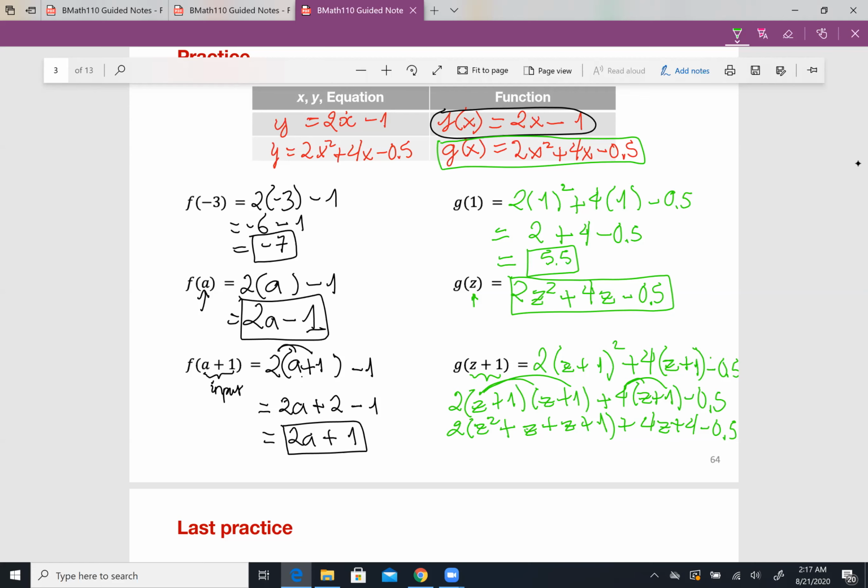Now you're gonna have 2Z squared, and 2 times Z gives 2Z, plus 2 times Z gives 2Z, or you can combine these two to become 4Z, plus 2, and then plus 4Z plus 4 minus 0.5, which will be 3.5.